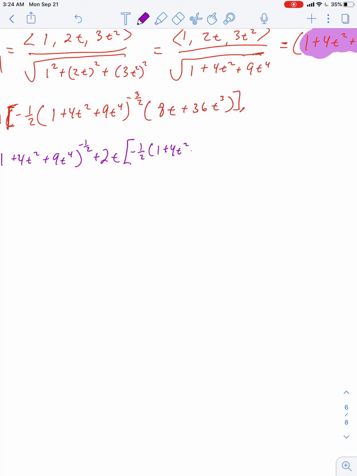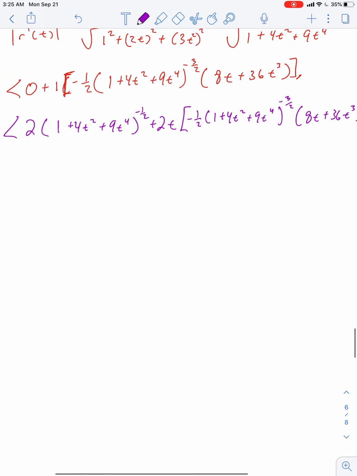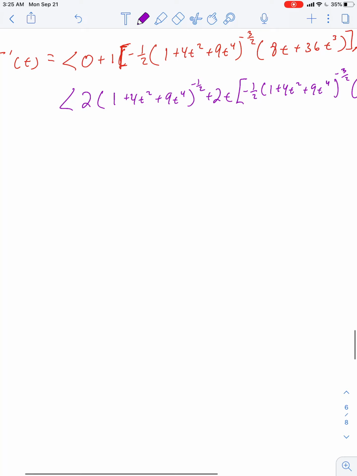So I'm just going to copy what I have up here. Negative 1/2, (1 + 4t² + 9t⁴)^(-3/2) times 8t + 36t³.